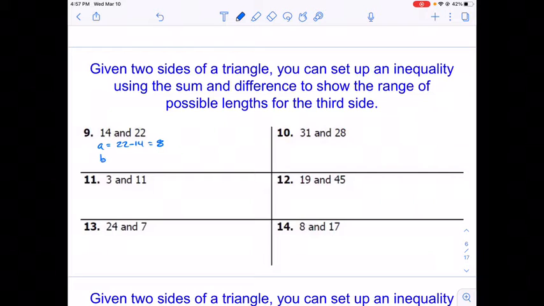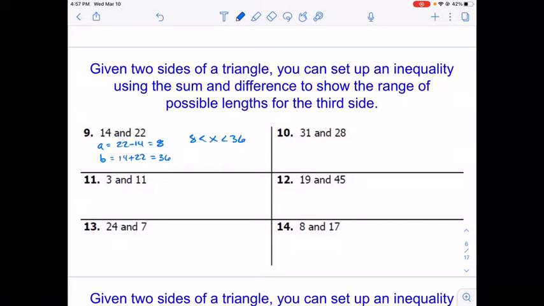And then for our b, this is where we add them: 14 plus 22 gives us 36. So what we say is that 8 is less than x, which is less than 36.